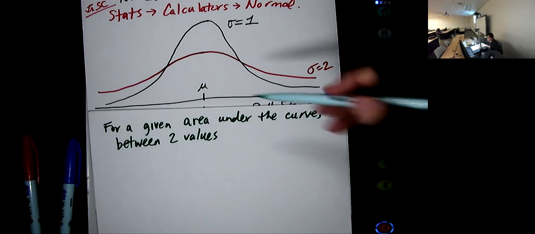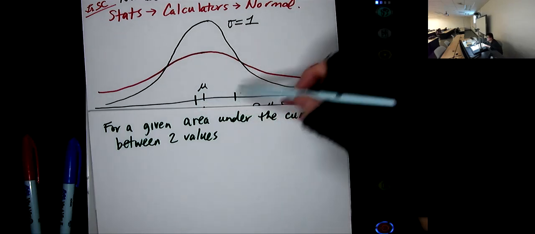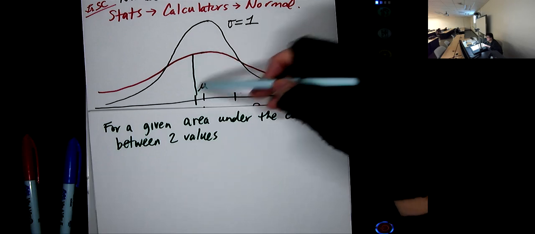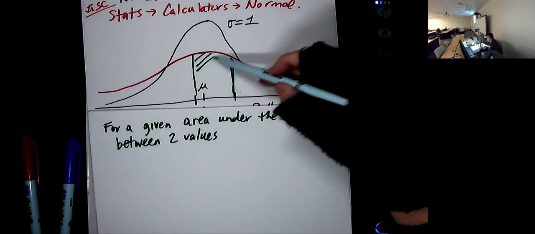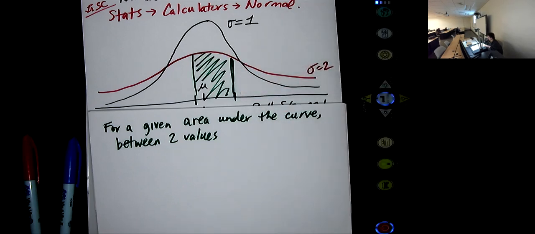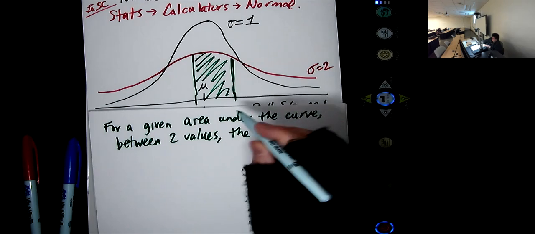So I'm going to use the red graph. I'm going to go up to the red line, I got a region right here, and I'm going to look at this area right here. The area under the curve.